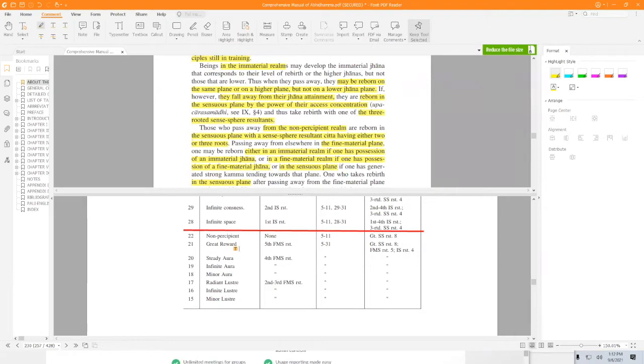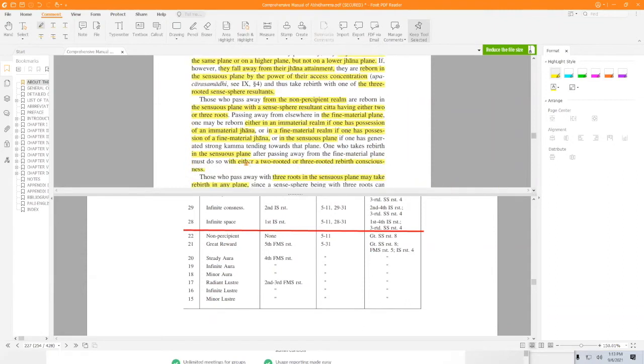Okay, then the beings elsewhere in the fine material realm, they may be reborn either in an immaterial realm if they gain the immaterial jhanas, so they can rise up from the fine material realm into the immaterial realm, or they can take rebirth anywhere else within the fine material realm if they maintain a fine material jhana, or if they don't maintain their jhana, then they will take rebirth into the sense sphere plane with either a 2-rooted or 3-rooted rebirth consciousness.